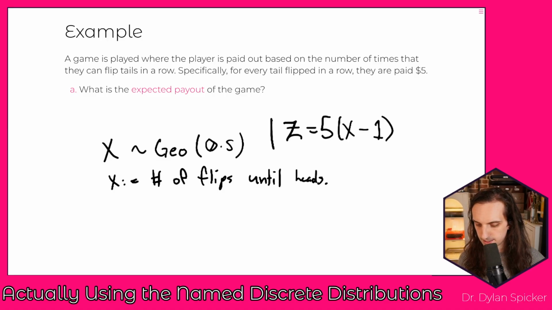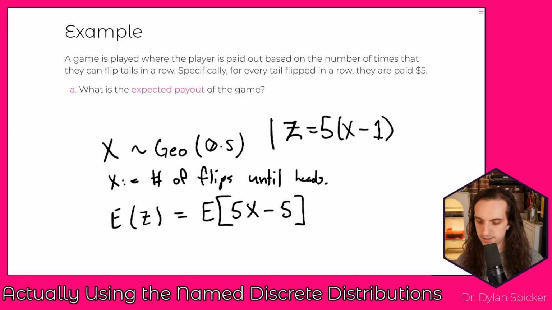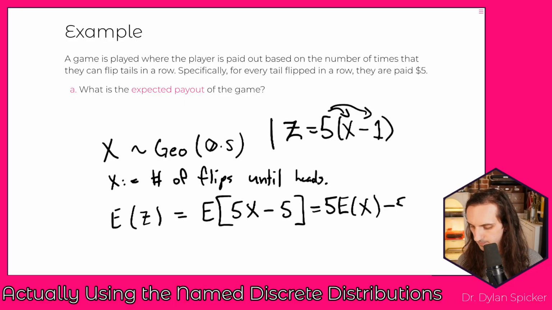And so what we want is the expected value of z, which is the expected value of 5 times x minus 5, right? Where we've just expanded out the 5 in here, 5 times x, and then 5 times negative 1, right? And what we can say here is that this is actually a linear transformation of an expected value. And so because of the linear transformation, this is going to be 5 times the expected value of x minus 5.